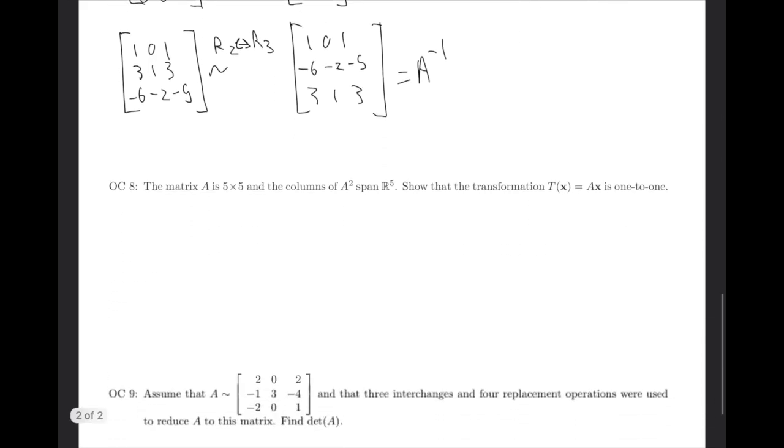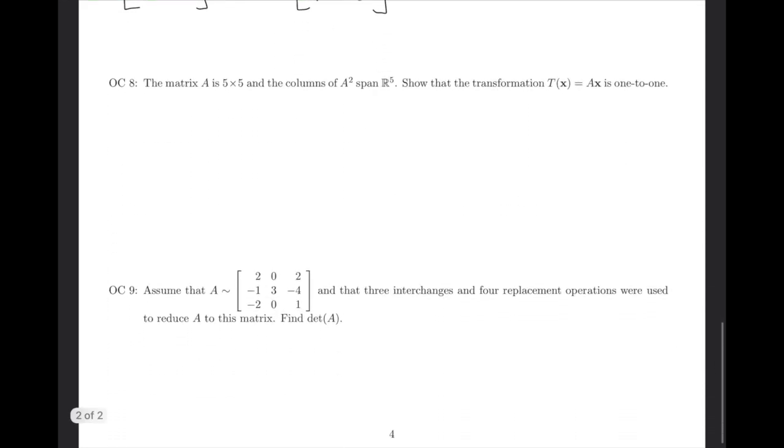All right, moving on to the next question. Assume that A is 5 by 5 and A squared spans R5. Show that T of X equals AX is 1 to 1. So this is a matrix transformation. A squared spans R5.